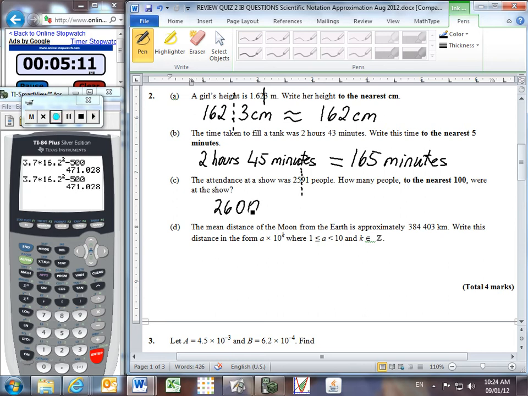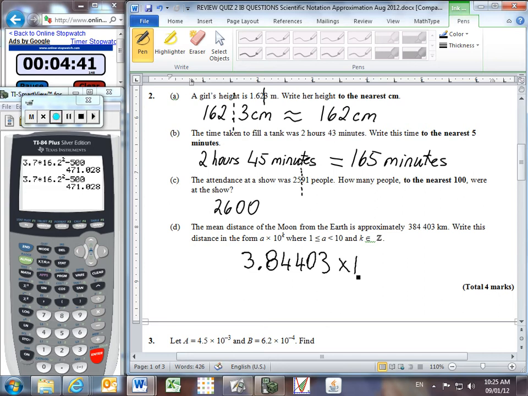And part D. The mean distance of the moon from the Earth is approximately 384,403 kilometers. Write this distance in, we know this is scientific notation. And so let's look for the first non-zero digit, which is a 3. And that's where our decimal place will come immediately afterwards, 3.84403, as I continue the number.